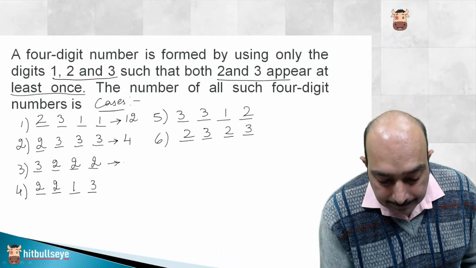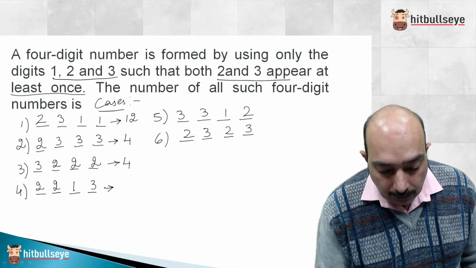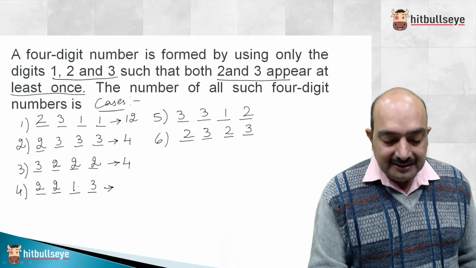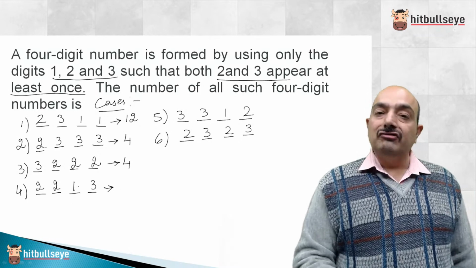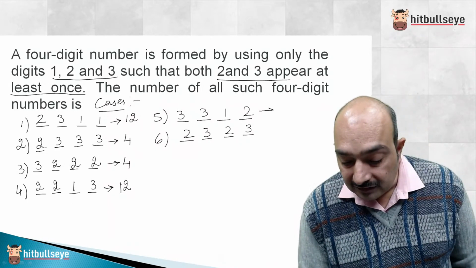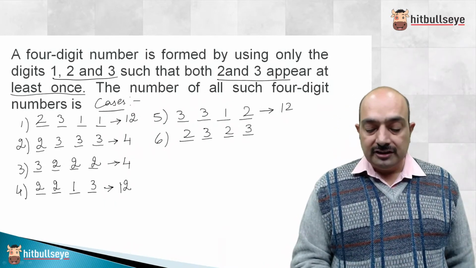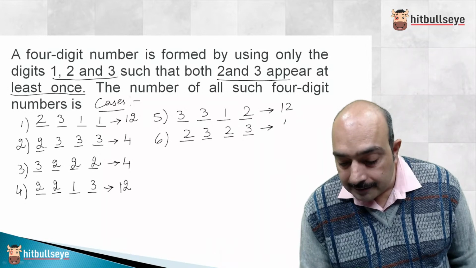On the same lines, 4 cases. What about this? Can I say it's exactly similar to the first one? So we'll have 12 cases. This also will have 12 cases. Same logic.